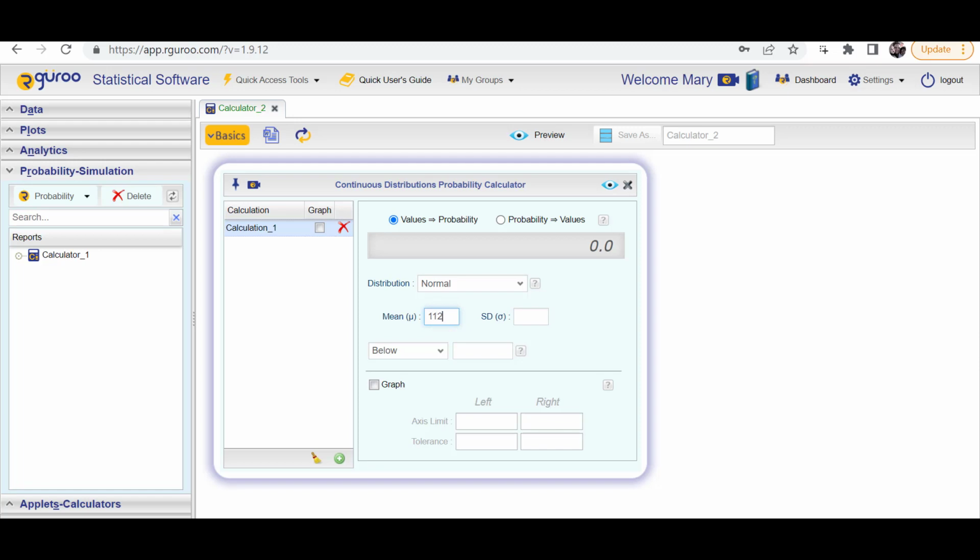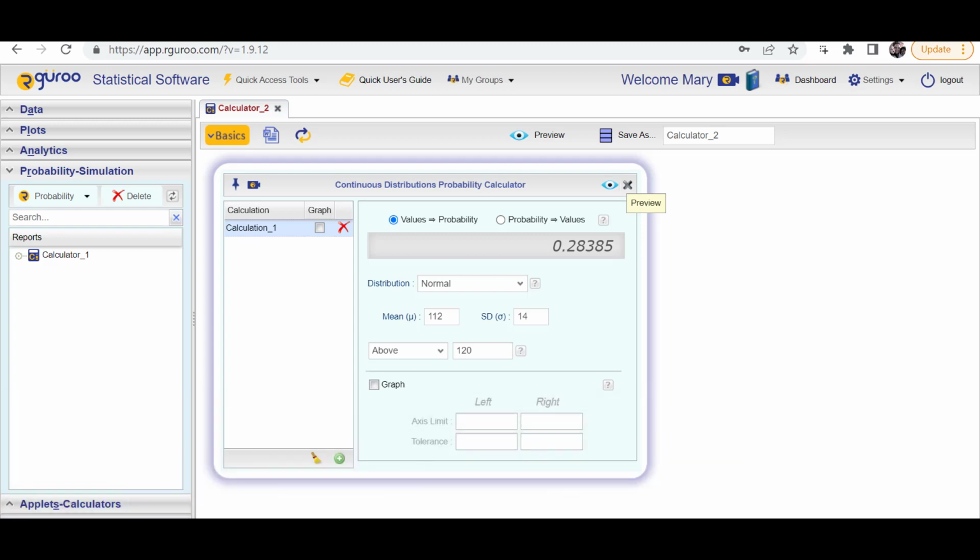The mean was 112, and the standard deviation was 14, and we want to know the probability that it's above 120. That's what we were looking for. I did not click on the graph because we've done this already, so I just clicked the preview, and you can see it's 0.2839 if you round.